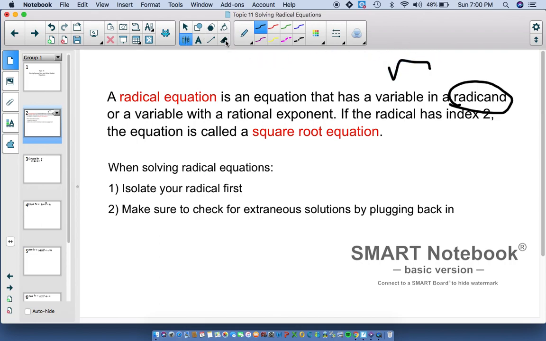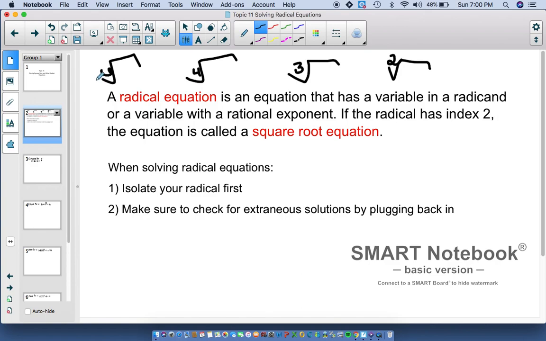Now we're used to seeing it with no index, right? And remember, if there's no index, the implied index is actually 2, right? But you could have the cube root, the fourth root, the sixth root, but those are just not as common.